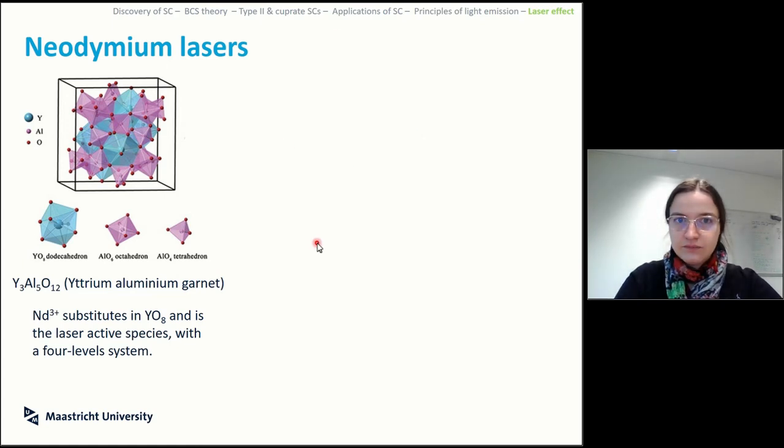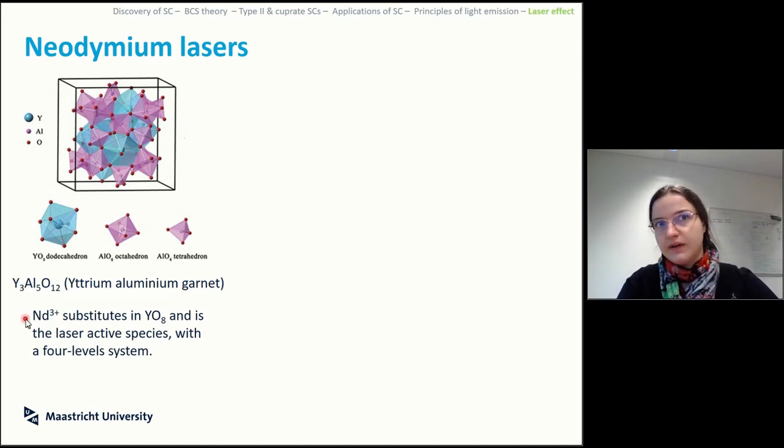Another system, which is a good system, is this garnet structure. So it's another type of aluminum oxide, but this time the general material is yttrium aluminum oxide. Given this nice structure that you get, this thing is called a garnet.